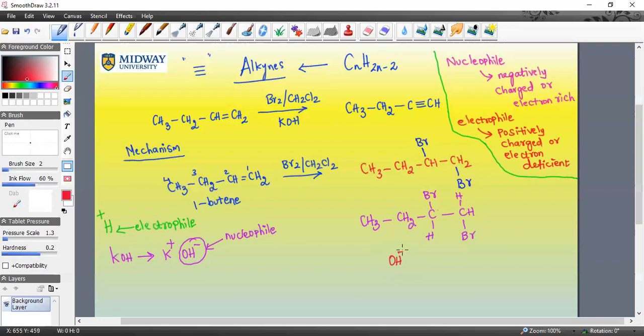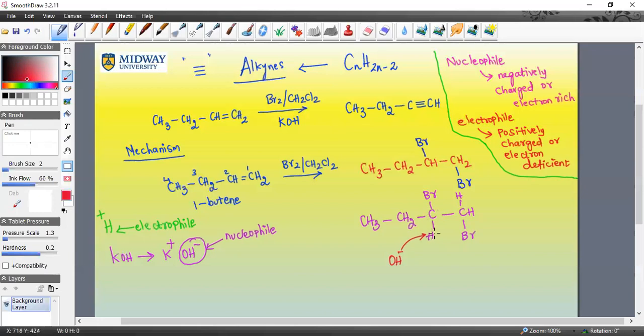So the OH minus is a nucleophile and the hydrogen is an electrophile. So a nucleophile prefers an electrophile because nucleophiles are negatively charged, electrophiles are positively charged. So it comes and grabs this hydrogen, and it's very important you pay attention to my arrows, the way I move them. It only grabs the hydrogen.